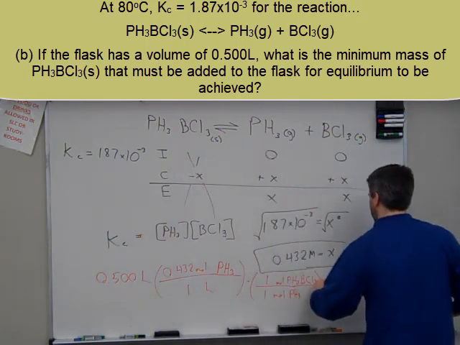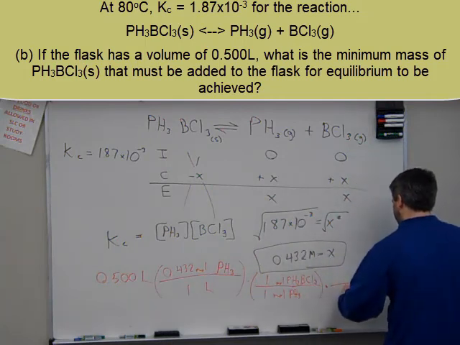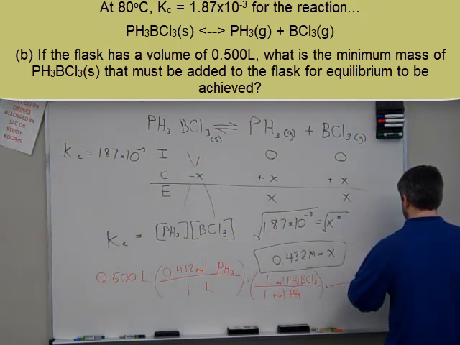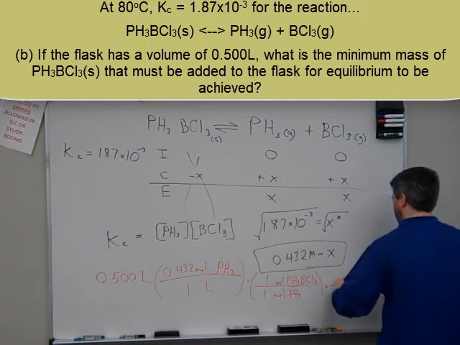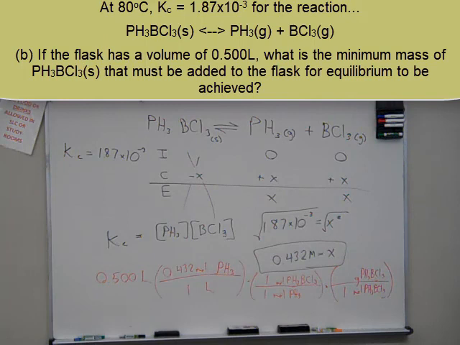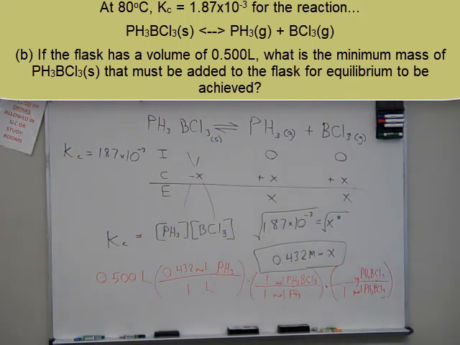And then from there, all I have to do is convert moles of PH3BCl3 to grams of PH3BCl3. And to do that, I need the molar mass. What's the molar mass of PH3BCl3? Yep, it's 151.